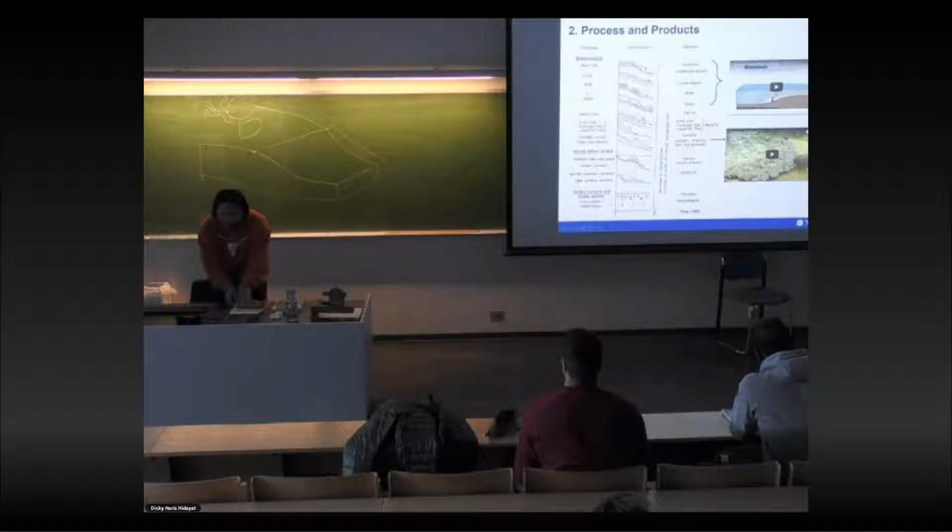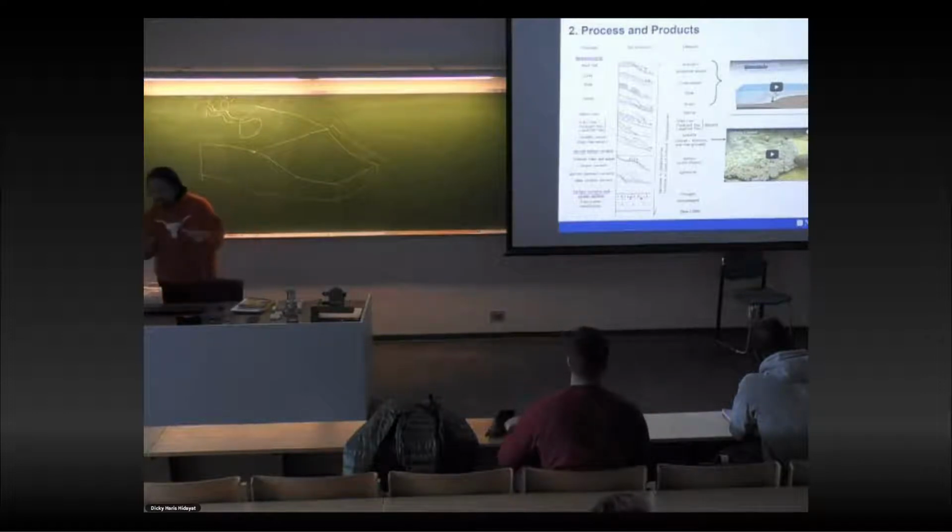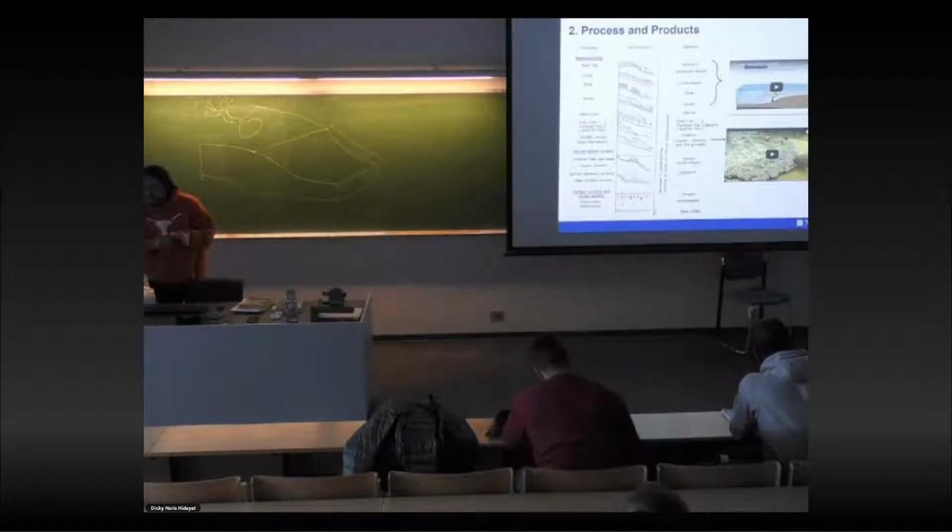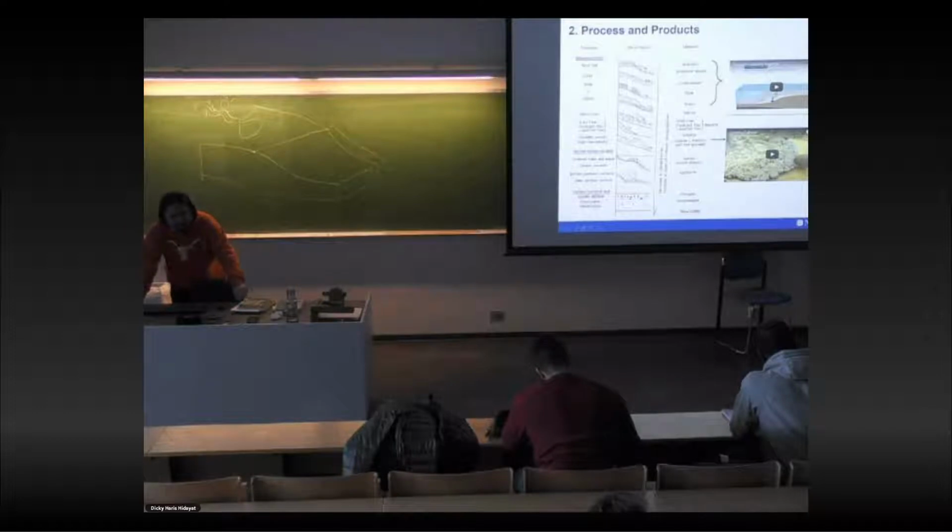It describes the definition for every process and product. What we discuss here are just the most important things, like landslides, turbidity currents, and debris flows, and if you want to know more detail, I will give you this paper on Blackboard.